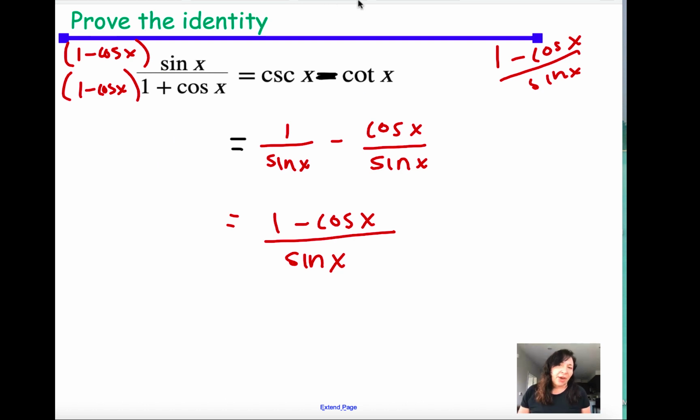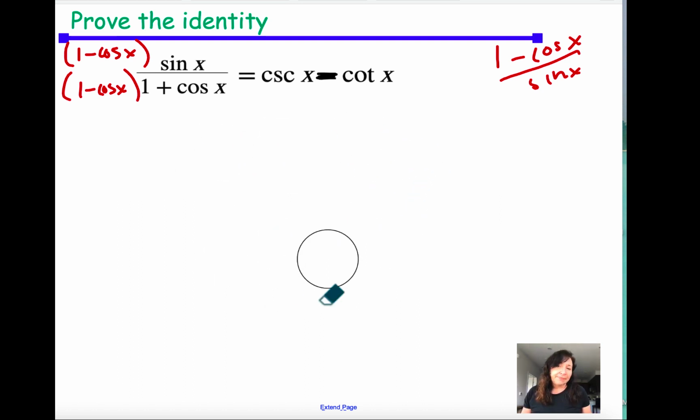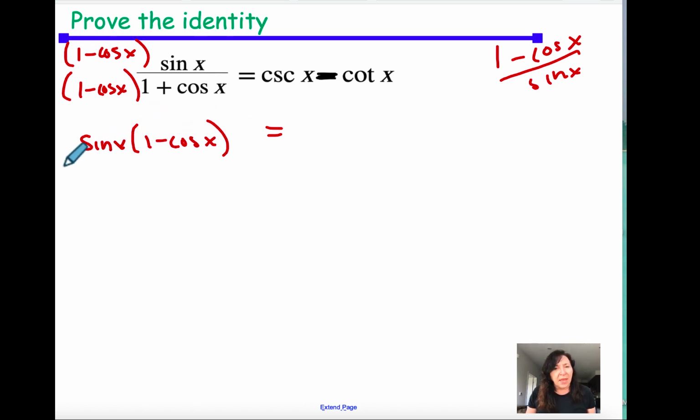I'm done on the right side, so I do actually need to work the left side. Okay, so let's do that. I'm going to go sine of x times 1 minus cosine of x on top, and on the denominator, when I multiply by 1 minus cosine of x, I get 1 minus cosine squared of x.